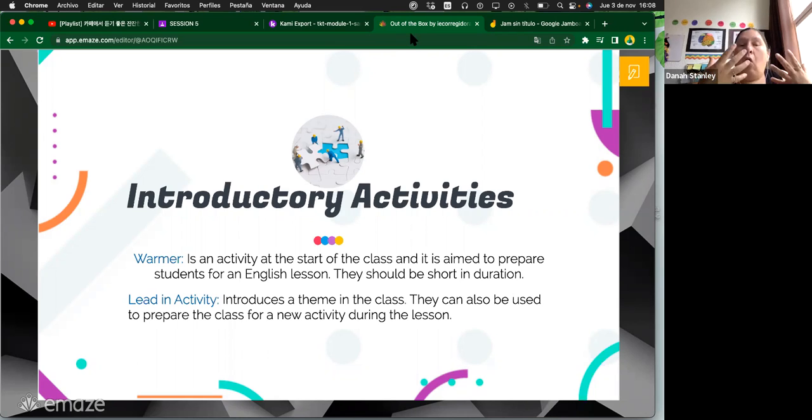We need, according to the necessities my students have, and also according to the dynamic they have, to think and plan how I'm going to carry on with these icebreakers and these activities.